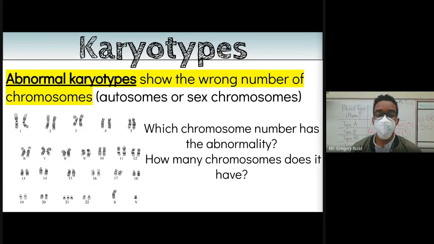These disorders might appear in the autosomes, so one of the first 22 pairs of chromosomes, but they can also be disorders in the sex chromosomes, the last 23rd pair. We're looking at a specific karyotype. Can anybody see anything that's wrong with this karyotype? Or anything that's abnormal?